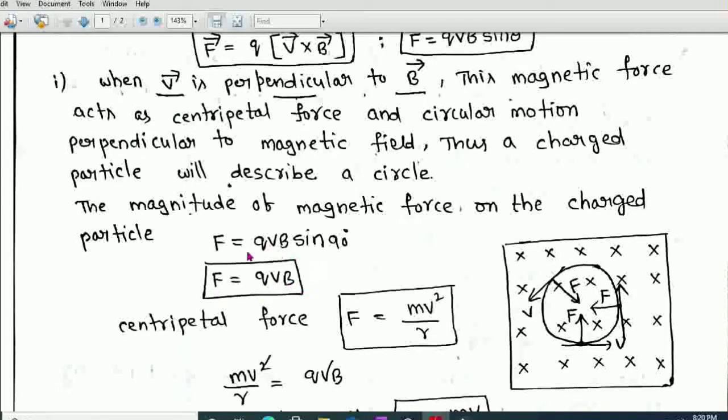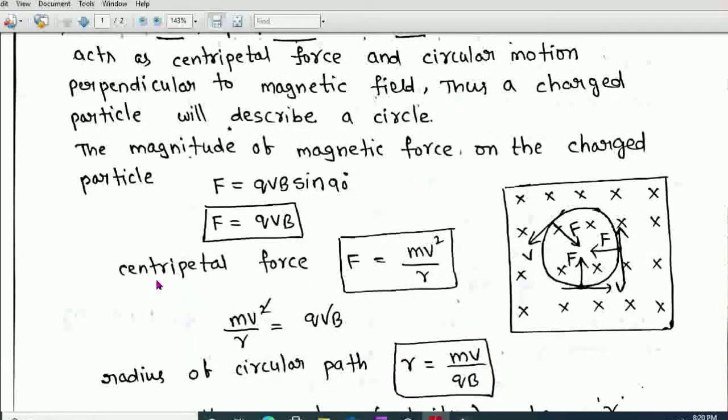This force acts as centripetal force. As we know, the formula of centripetal force is mv square by r, where m is the mass of the charged particle, v is the velocity of the charged particle and r is the radius. Now we can equate these two, because the magnetic force provides this centripetal force.